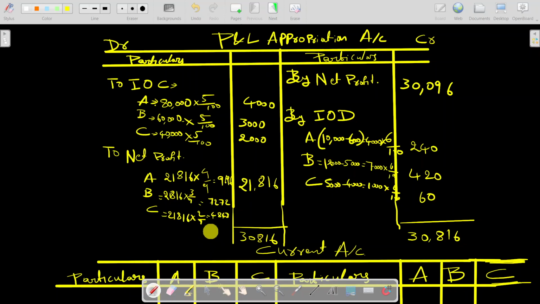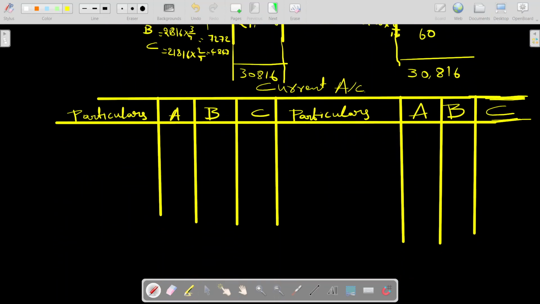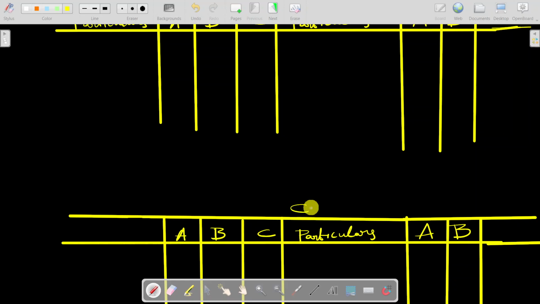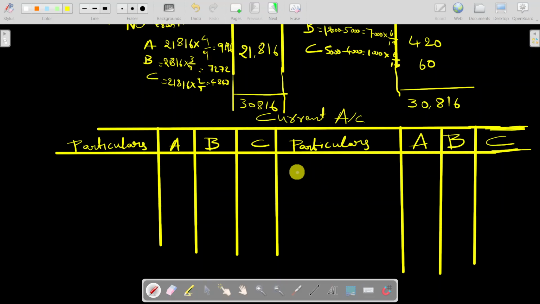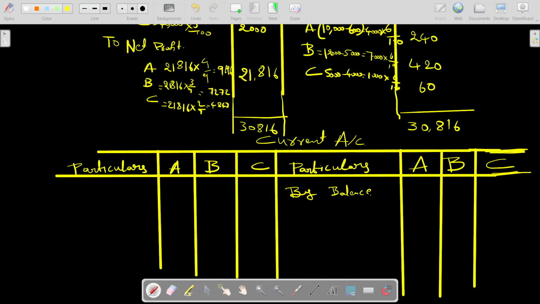Right. And we have to write current account as well as capital accounts. And in the current accounts we have already previous balances. So by balance, how much balances we have?